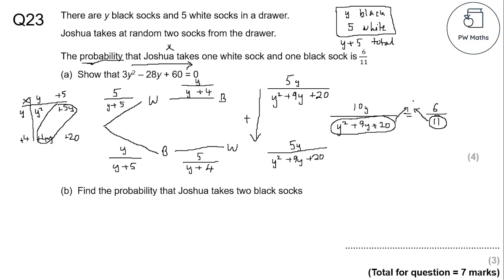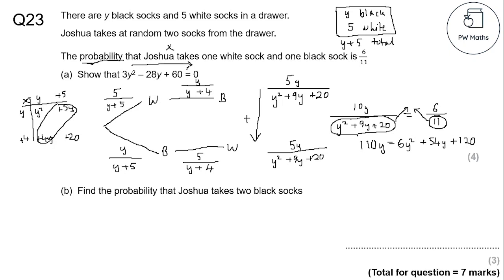They were dividing, they'll become a times. 10y times 11, we've got 110y equals 6 times y squared, 6y squared, 6 times plus 9y, we've got 54y, and 6 times positive 20 is plus 120.